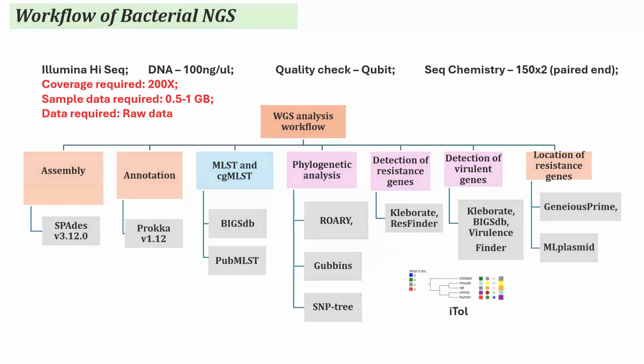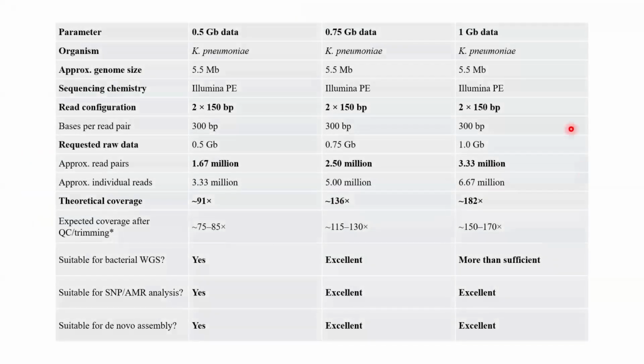So after we get this, mostly, when it comes to bacteria, people feel that the bacterial genome is very small and all you need is just 0.5 GB data. But that's not true. If you want some decent information from the genome, we generally try to get 1 GB data per isolate, paired end.